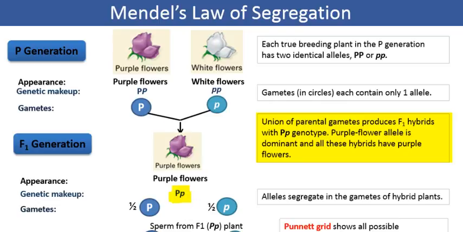So that is a heterozygous genotype consisting of a dominant allele for purple color and a recessive allele for white color. All the F1 hybrids will have purple flower color because that's a dominant allele, and they will have a heterozygous genotype.